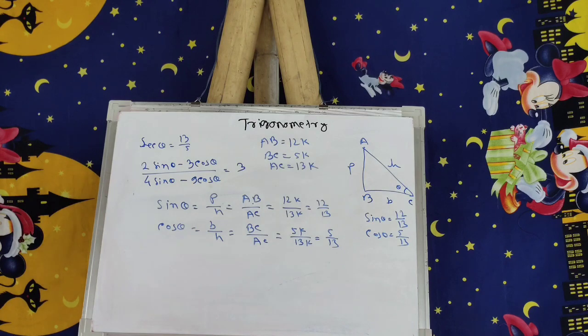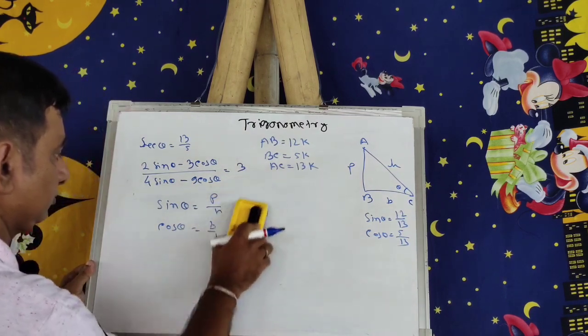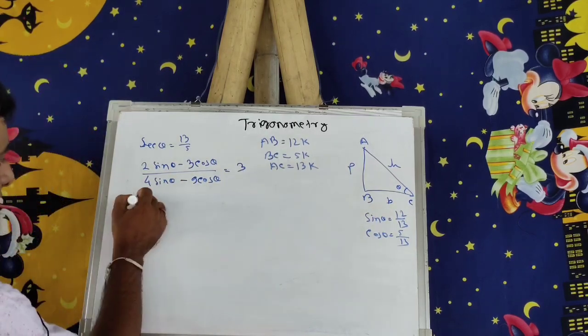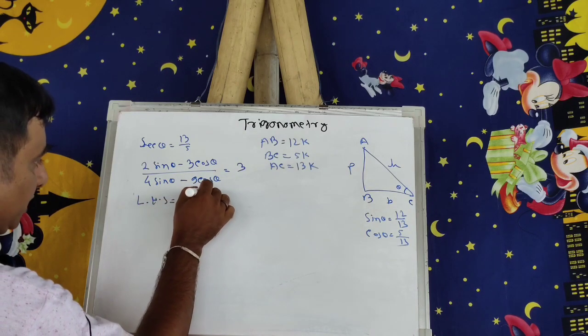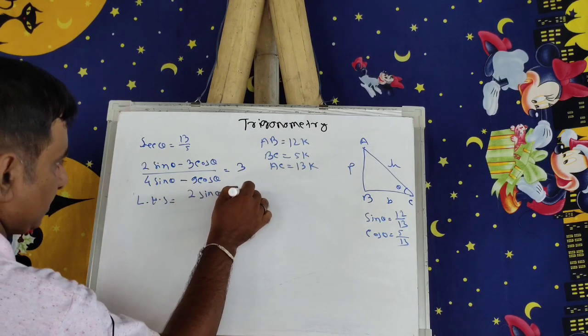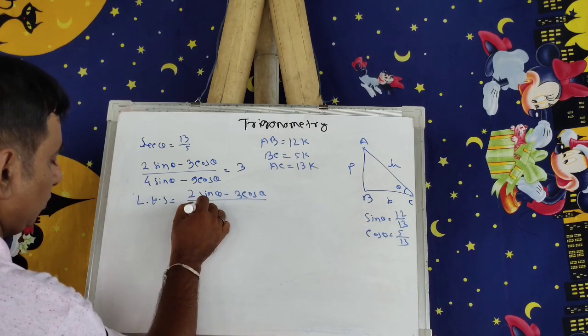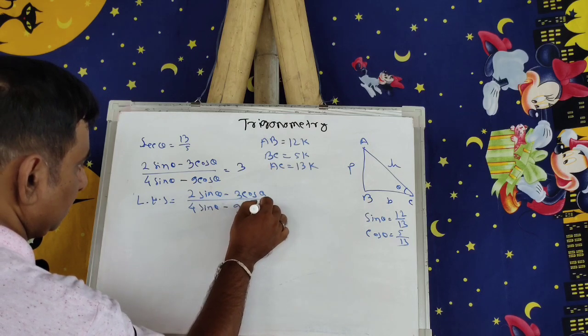Okay. Now, take the left hand side. 2 sin theta minus 3 cos theta by 4 sin theta minus 9 cos theta.